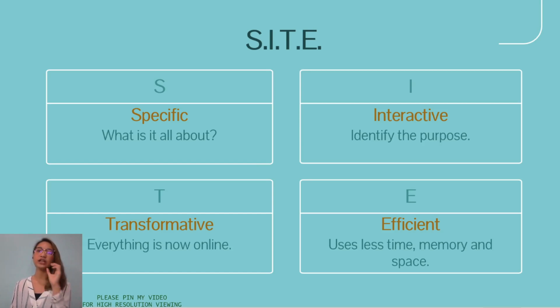So, letter I naman po, interactive. Pag nalaman na po natin yung gusto nating, let's say, objective, now we're going to move on to letter I, which is interactive. So, we're going to identify yung purpose. Inisip ko to, ito yung gusto mong gawin, para saan to? So, that is why interactive. Aside from knowing the purpose, na gusto mo gawin sa buhay mo, you also need to make sure that it's interactive.